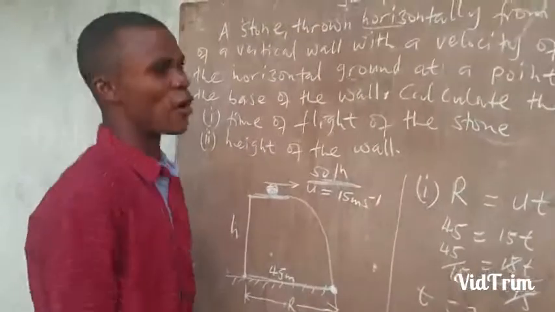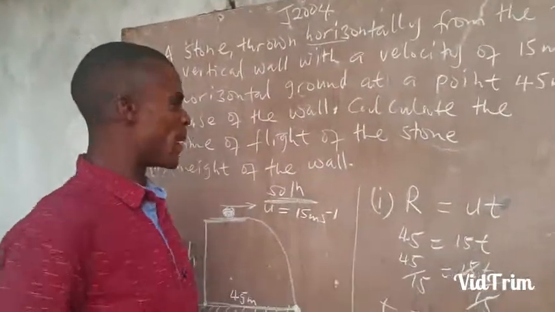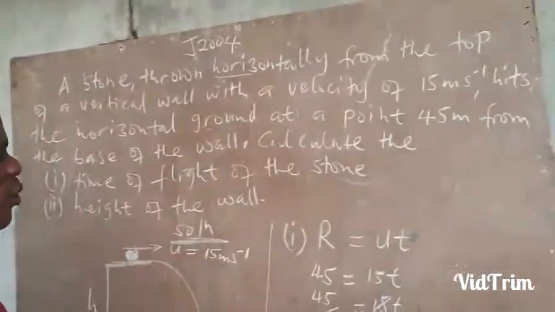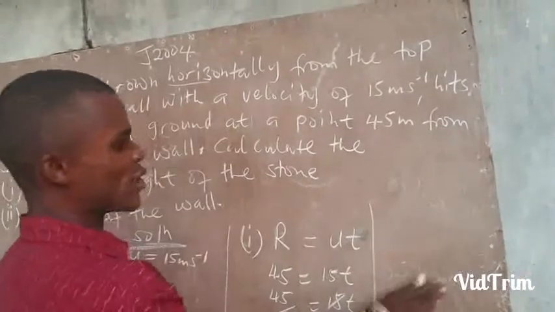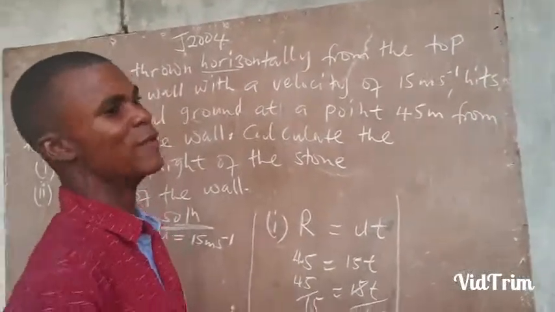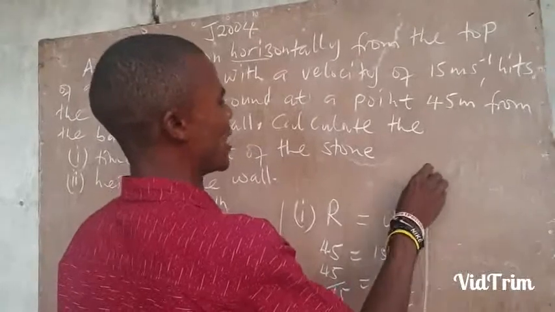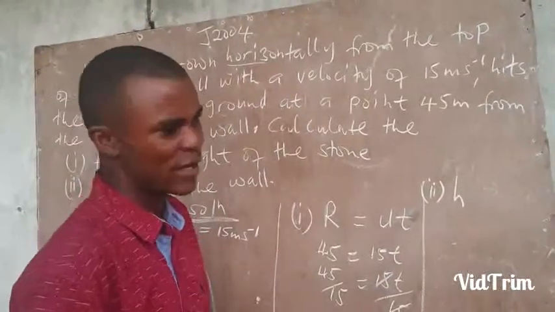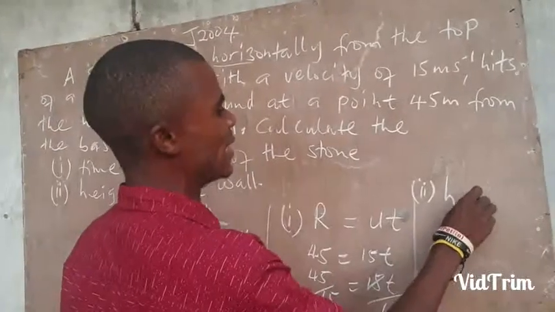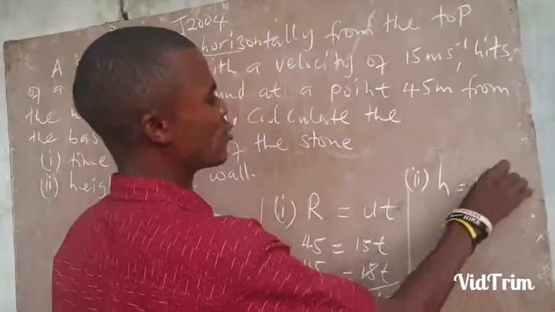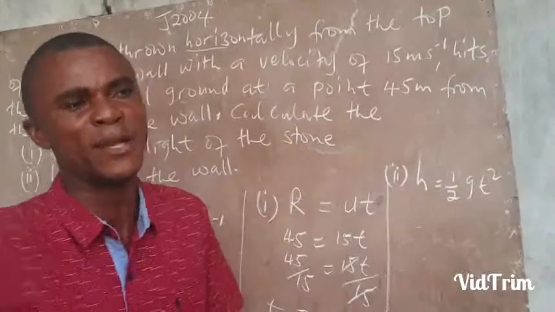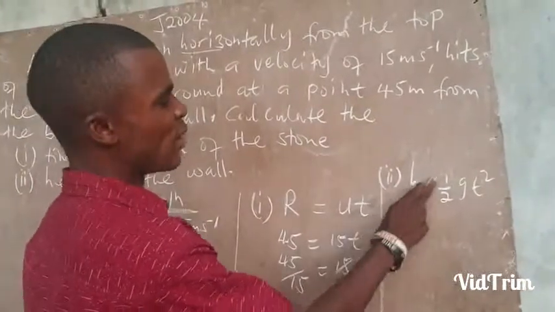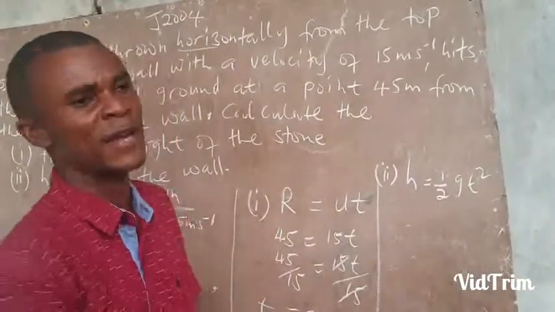Let us go to the second part of the question, which is the height of the wall. If you can recall the equations I derived on that day, you can go to the videos. The formula we established for the height when the object is falling is h equals half gt square, or gt square divided by 2.